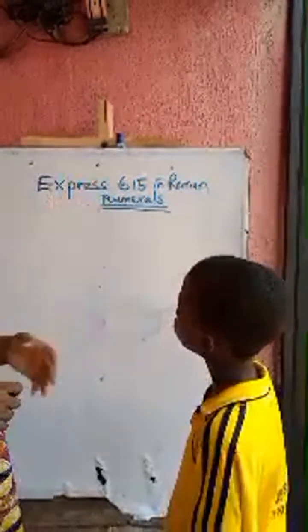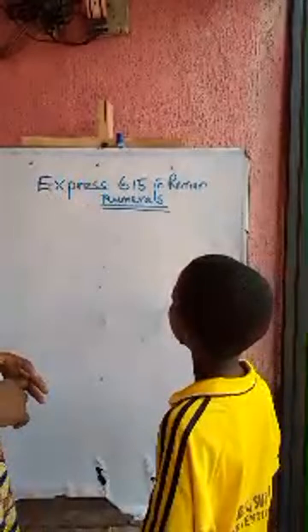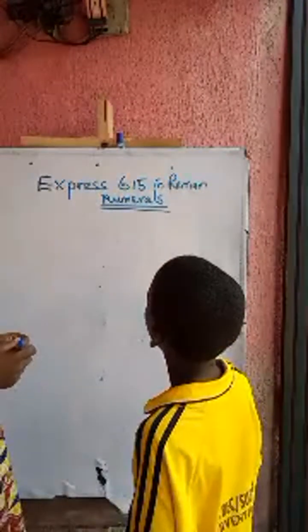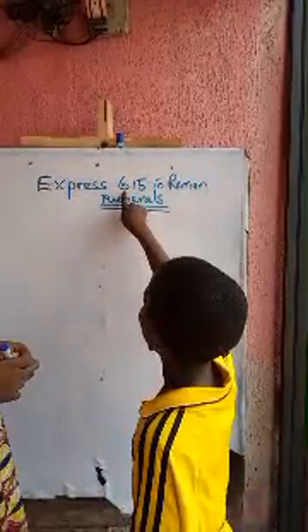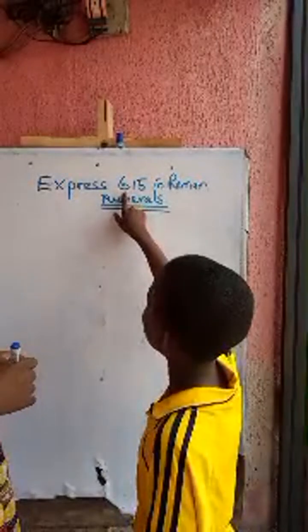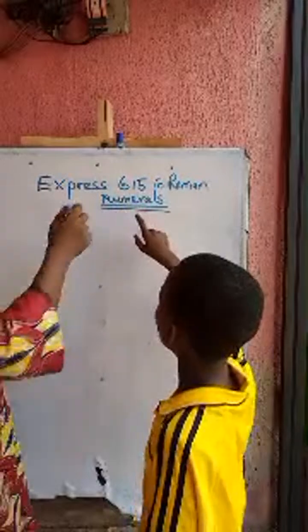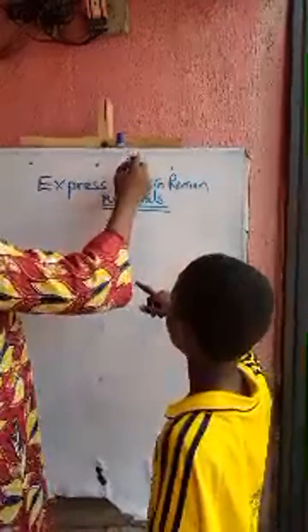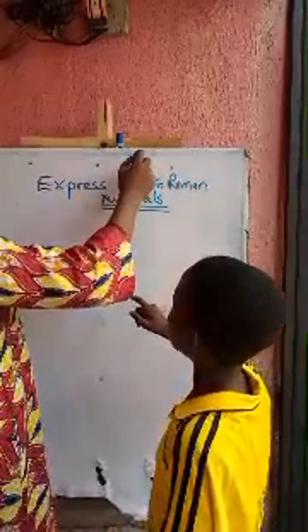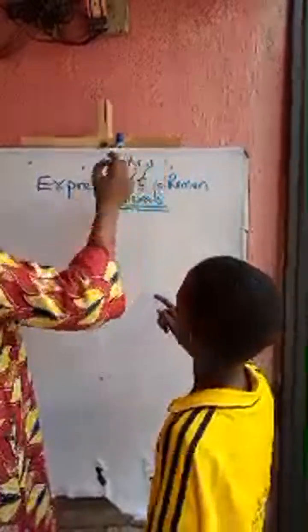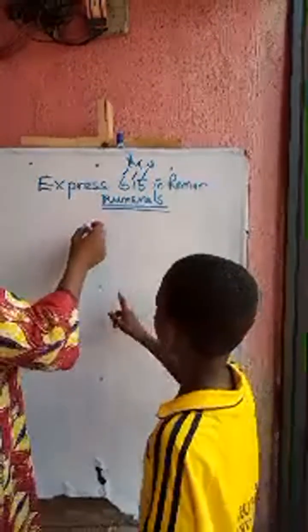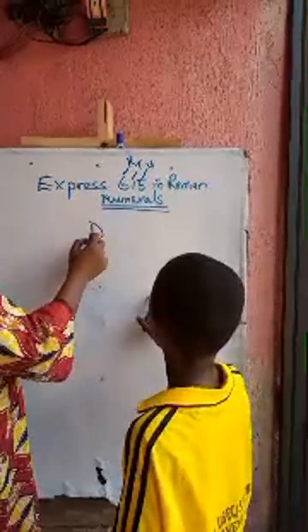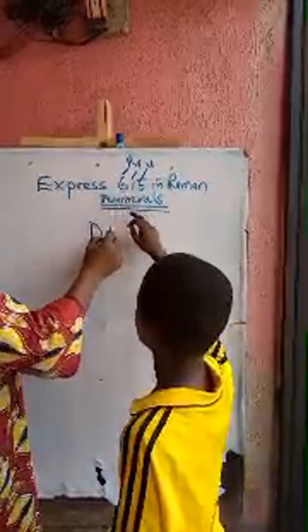First of all, we look at the first number, which is 6, and it is in the 100s part. As we all know, 100 is C and 500 is D. So D plus C, which is 500 plus 100, is 600.